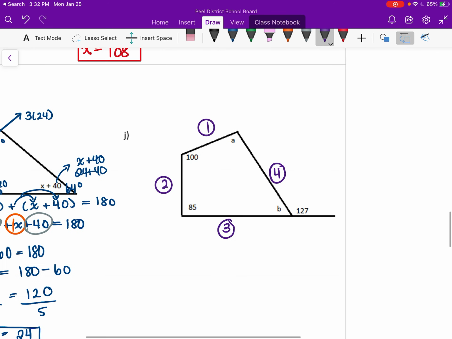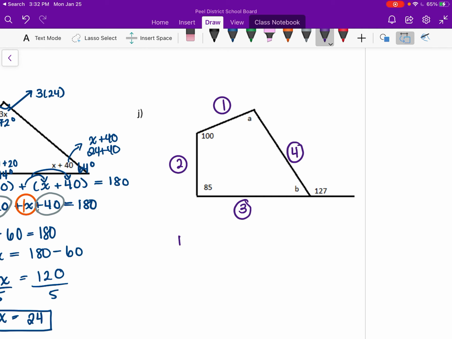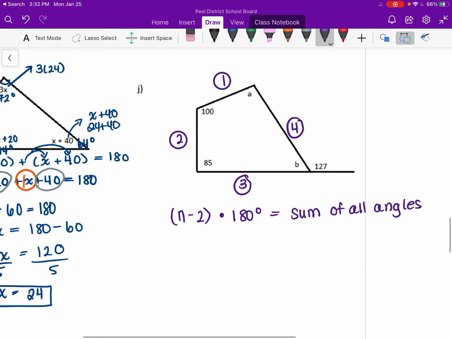Alrighty. So I'm going to use this rule that says n minus 2 times 180 degrees is going to be the sum of all angles in a polynomial. So I'm going to say n, there's 4 sides here, minus 2 times 180 is going to equal 85 plus 100 plus a plus b.